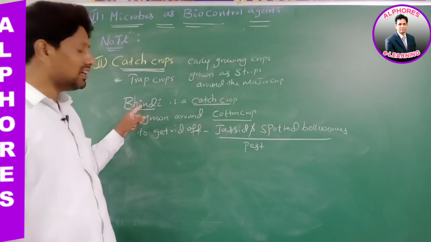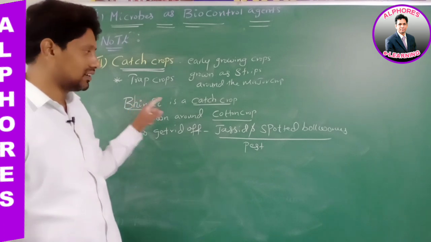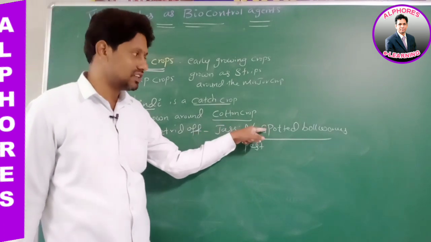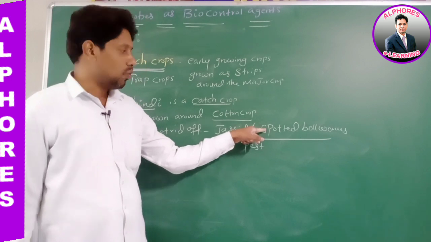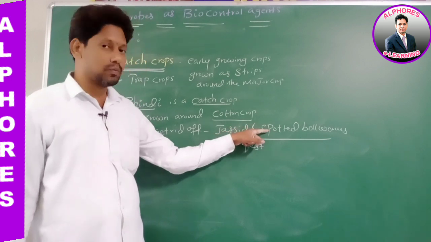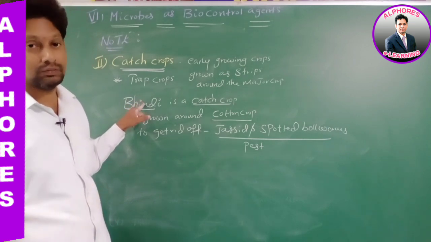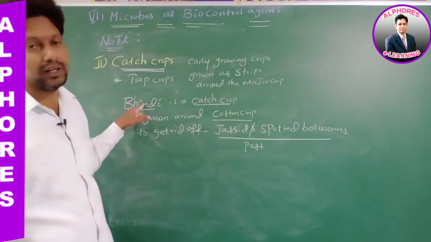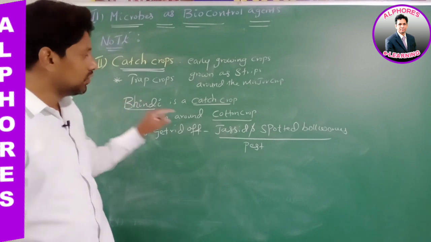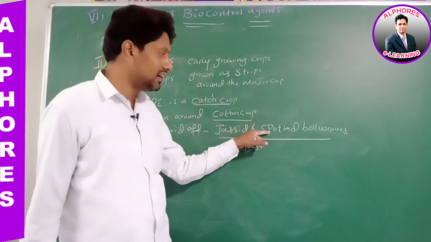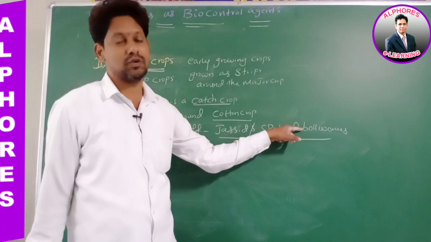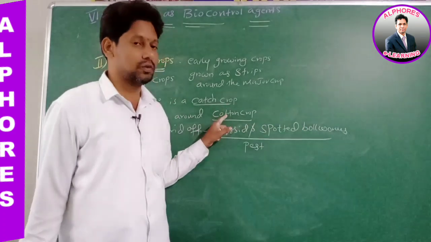As the bendi's growth is early, it attracts the jassid and spotted bollworms. Once they are attracted, the bendi will be removed. Once bendi is removed, automatically the jassid and spotted bollworms will be removed from the field. So the cotton plants will be protected.